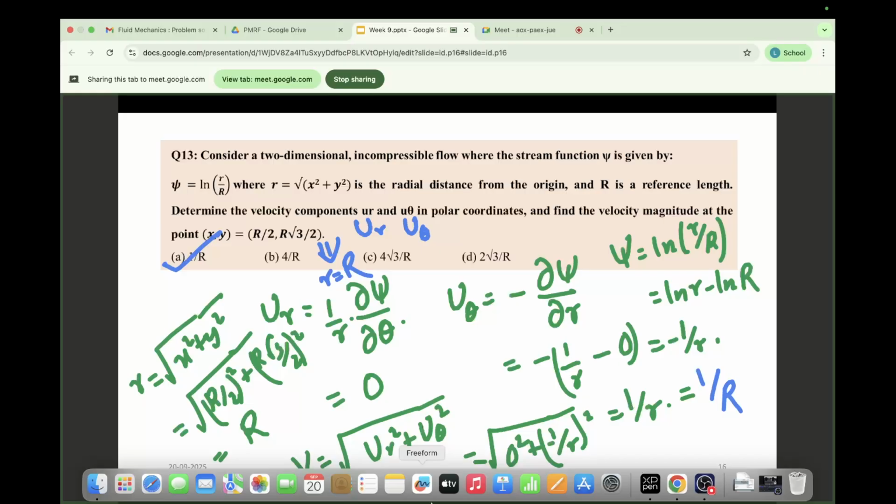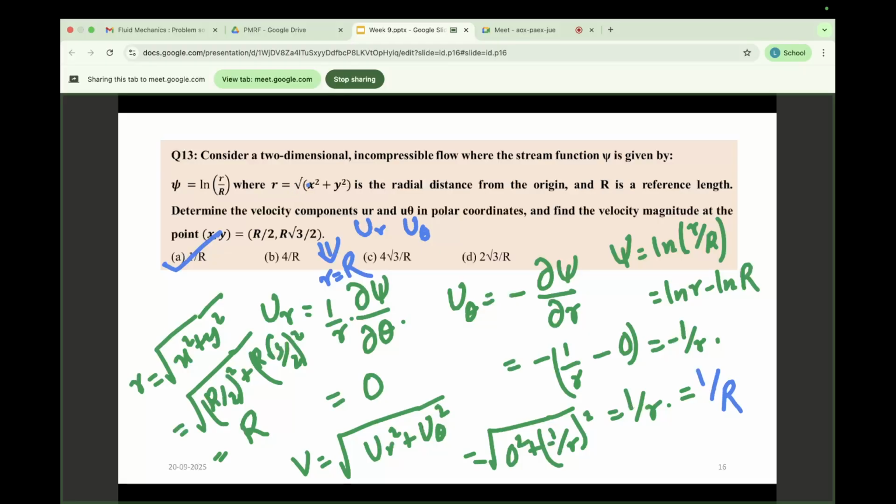It is already given in this question that to convert we use r equal to root over x square plus y square. I put this here and got the value of small r. We put this value of small r in v, and accordingly I get the answer as 1 by r. That's why this is the correct answer.